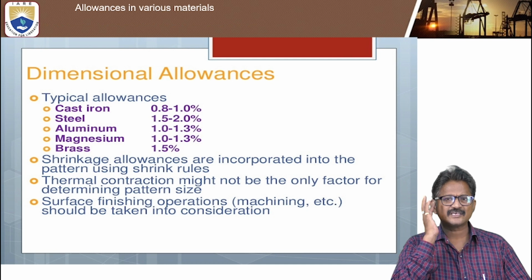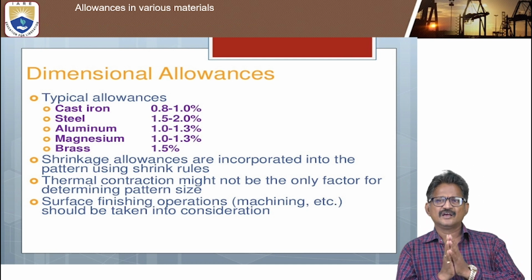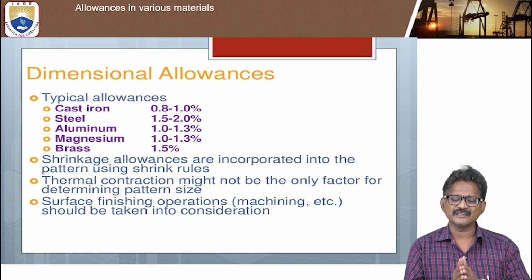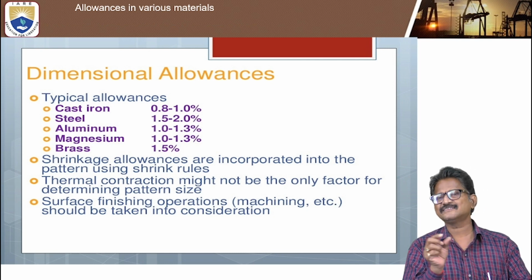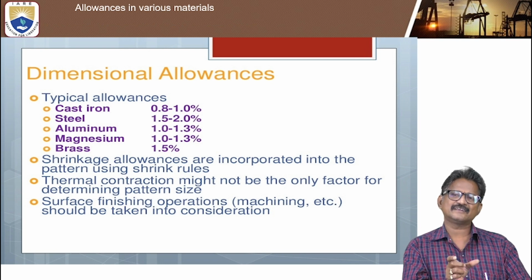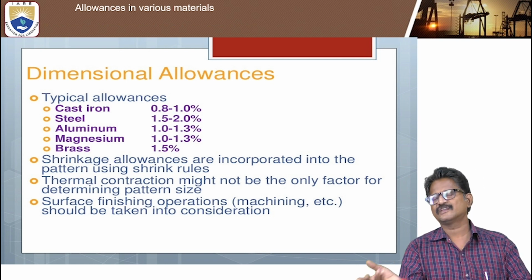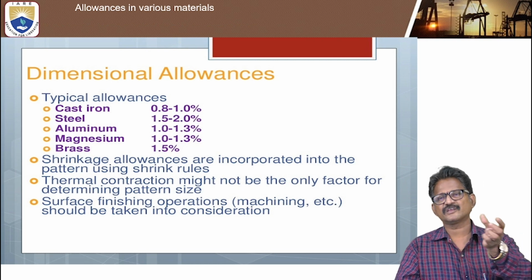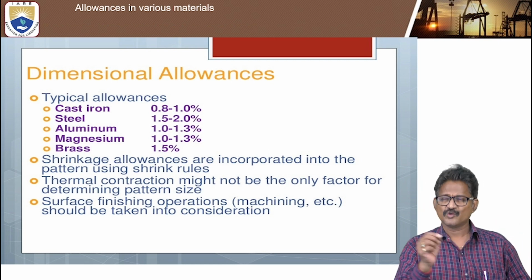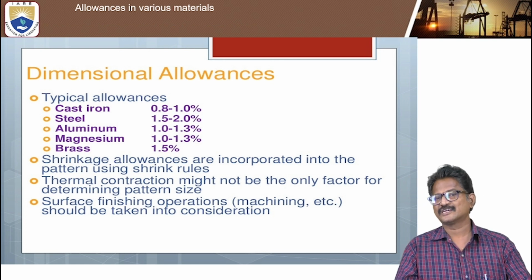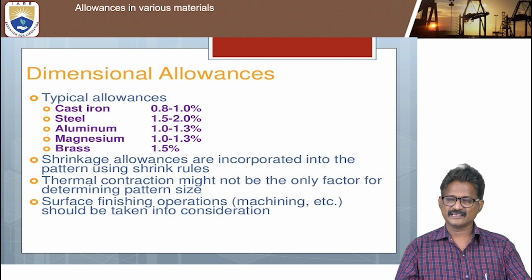Similarly, surface finishing and operations should be taken into consideration. So by providing this 100 mm plus 1 or 2, if you take that pattern, you will obviously achieve the 100 mm. If you take just 100, it will come down to 98. Even 1 or 2 mm can be provided for finishing in sound castings.